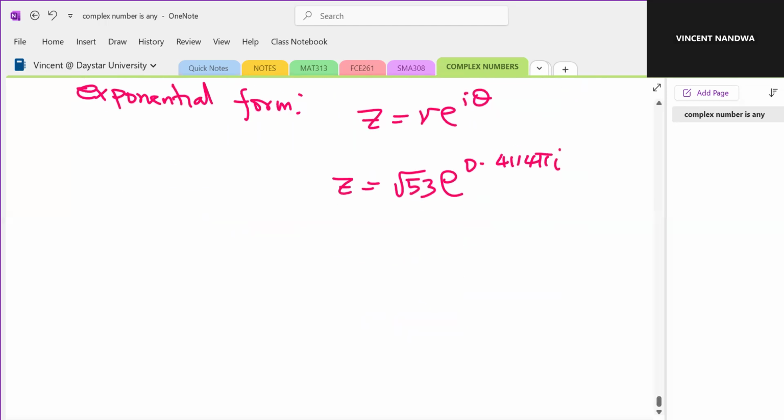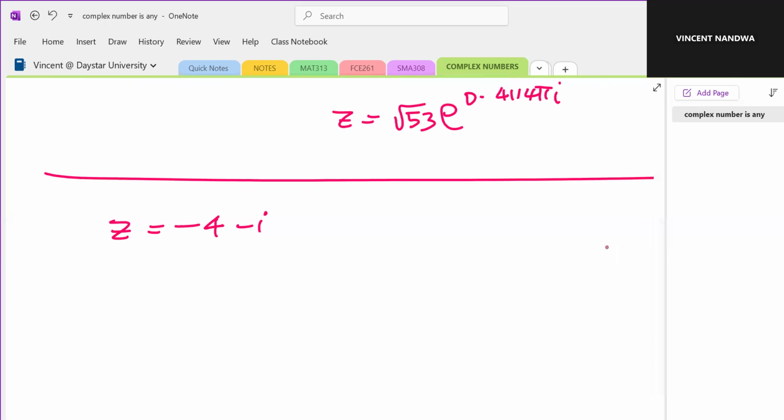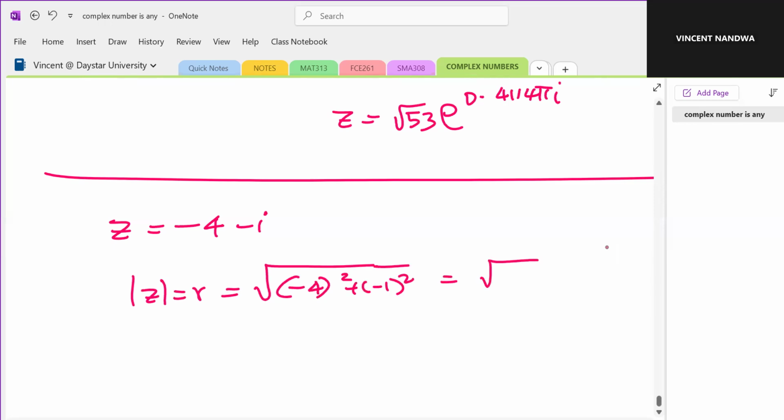Then same question: find the modulus, find the argument, and then express in polar and exponential form. z is given by negative 4 minus i. So we begin with the modulus. The modulus of z, which is also given as r, is the square root of negative 4 squared plus negative 1 squared, which is the square root of 17.